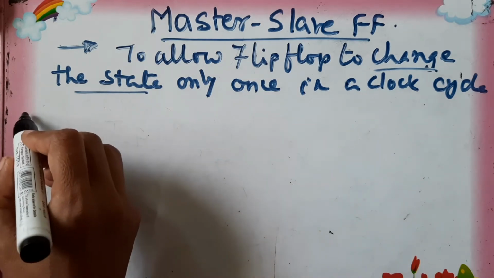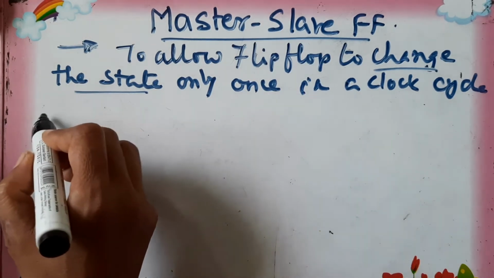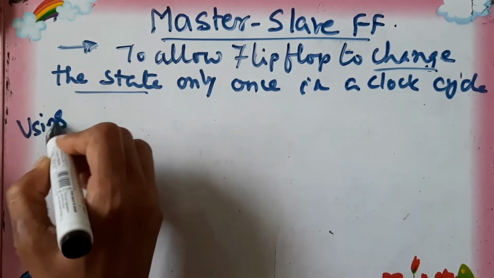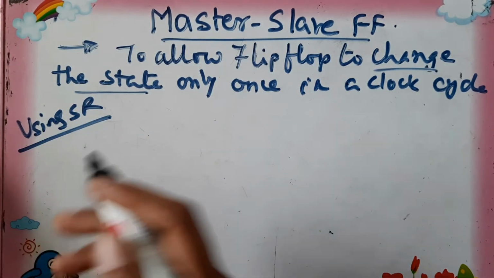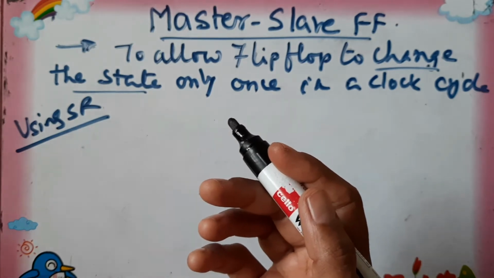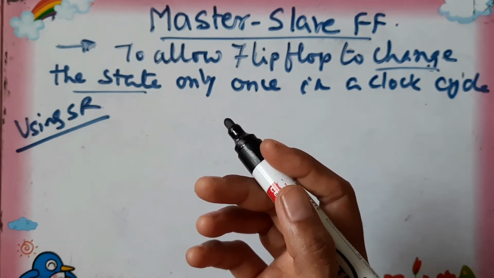Now let us see the master slave SR. Using SR, we can construct master slave. You can also construct it using D flip-flop and JK flip-flop. We'll be discussing all.